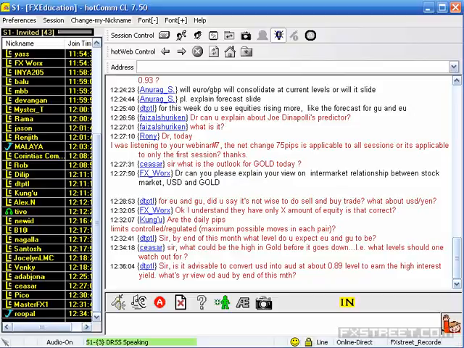What could be the high in gold before it goes down? See, it is very difficult to estimate a high, because if a lot of stops are around 1270, thinking that 1265 was the high for the season, and if there are plenty of stops, the players don't mind going there and hitting the stops. So is it easy for us to estimate the high?